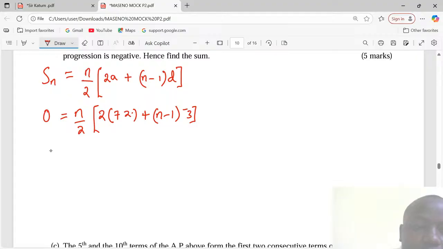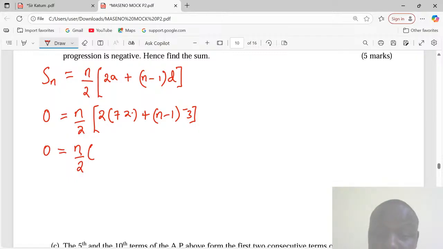At that point, we'll have 0 equals n over 2 into 2 times 72, which gives 144, minus 3n plus 3.